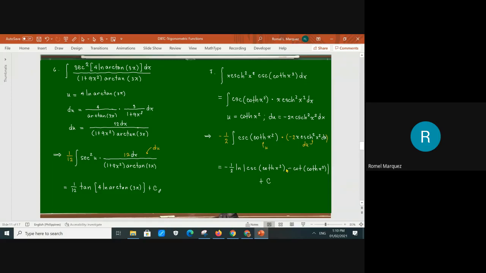If you use cosecant plus cotangent, you put negative outside, so you will be having positive. So it means you have an alternative answer of 1 half ln of the absolute value of cosecant of hyperbolic cotangent x squared plus cotangent of hyperbolic cotangent of x squared plus c.